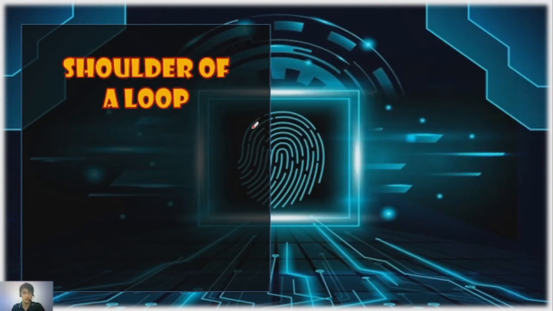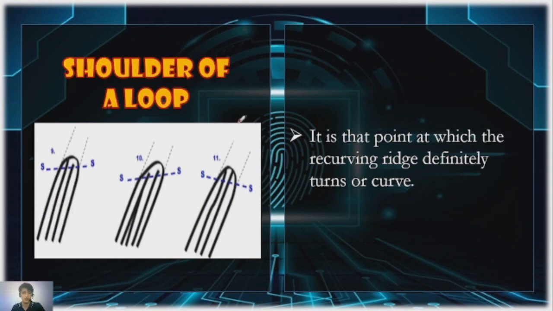Dissociated ridges. And then we have here the shoulder of the loop. Usually it is the point at which the recurving ridge definitely turns or curves. This is the recurving ridge that we referred to a while ago. We can locate the sufficient recurve by looking at the shoulder of the loop.